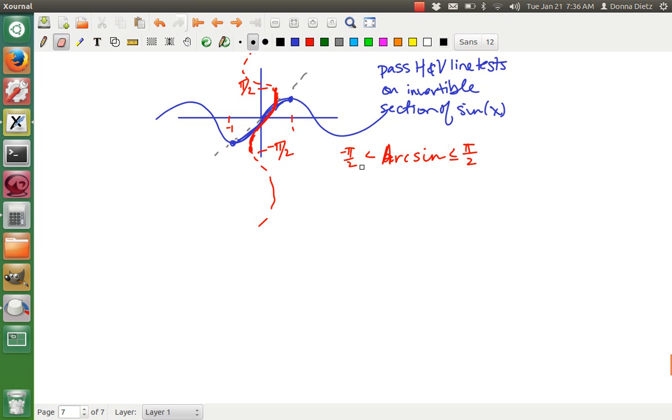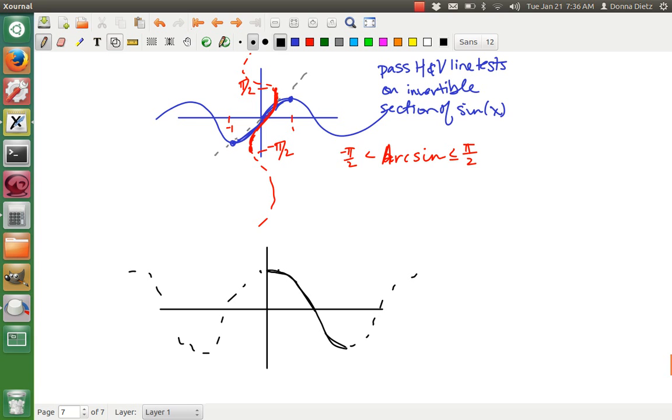Okay, and we have a very similar thing happening for cosine. Here we go. So cosine, we have the primary chunk of the cosine curve, and then everything else, right? And then we're going to invert it. So let's see.